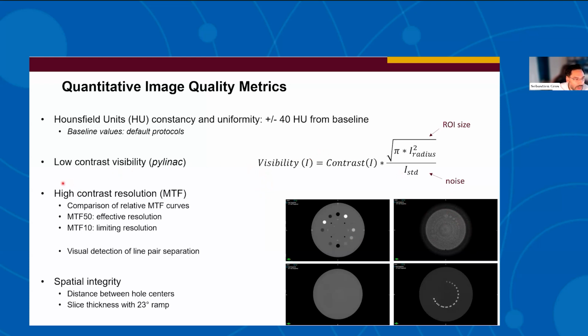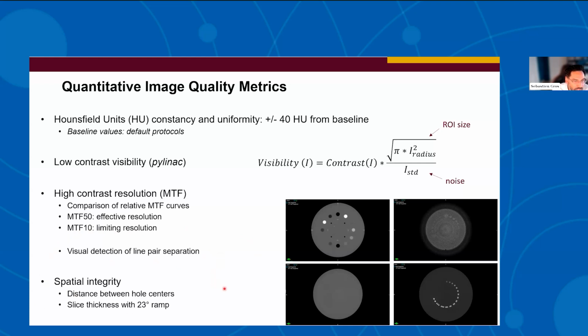Then looking at the high contrast resolution, we can compare the relative modulation transfer function curves or look at values like the M50, which corresponds to the effective system resolution, or the MTF10, which corresponds to the limits of our imaging system. For our QA, we actually just do a visual detection of line pair separations.